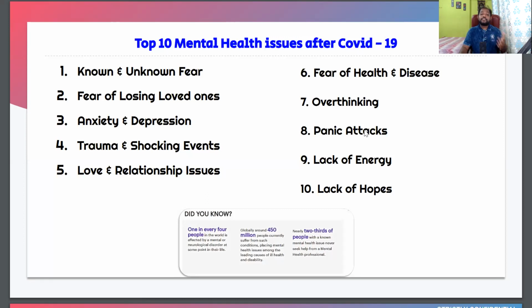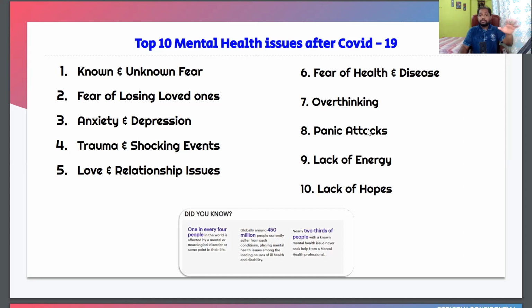Second, fear of losing loved ones. Definitely, this pandemic situation made drastic changes in people's lives, which were uncertain as well as unexpected. And this brings people into the fear of losing someone very close to us, a very loved one. And that drastically increased after this COVID situation.